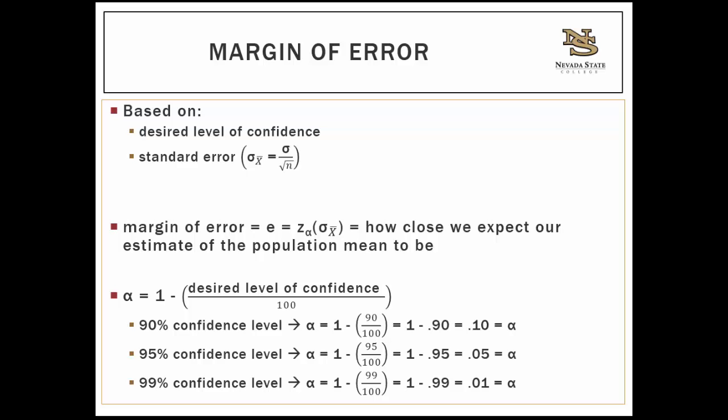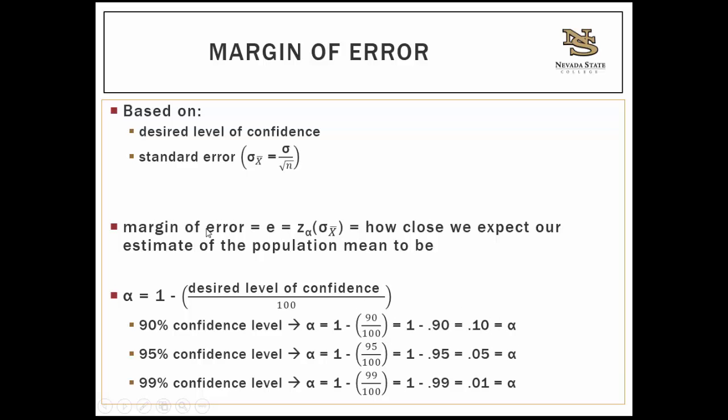So the desired level of confidence leads us to a z-score based on taking your alpha level. And alpha is equal to 1 minus the desired level of confidence divided by 100. So if we have a situation where we have a 90% confidence level, then we would find alpha by taking 1 minus 90 divided by 100, or 1 minus 0.90, and our alpha level would be 0.10.